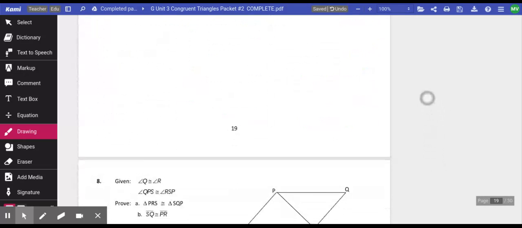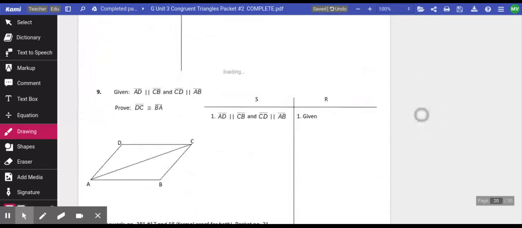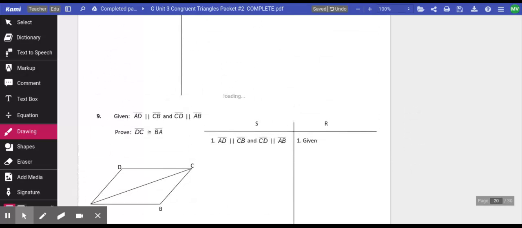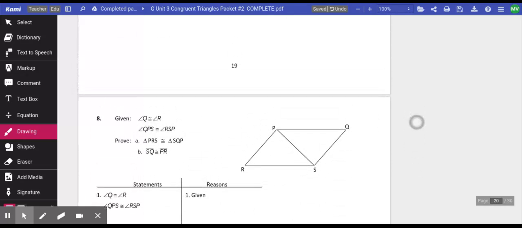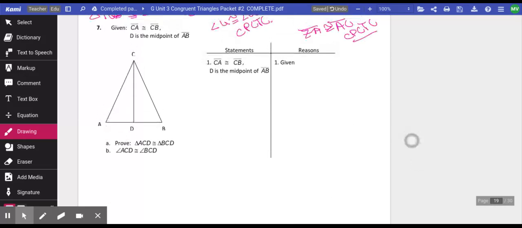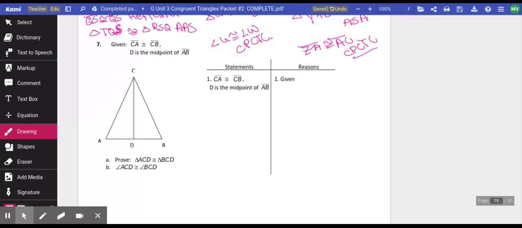Okay, so we have 3 proofs to do. I'm going to do number 7 now, and we'll start class tomorrow with 8 and 9. So we are given that CA is congruent to CB, and we know that D is the midpoint of AB. What does it mean if D is the midpoint of AB?